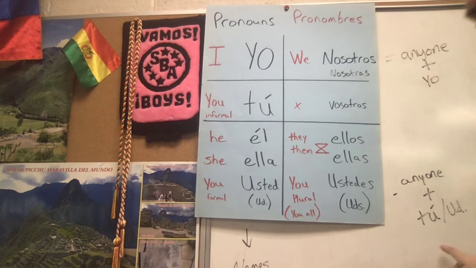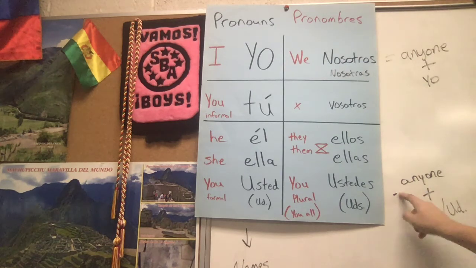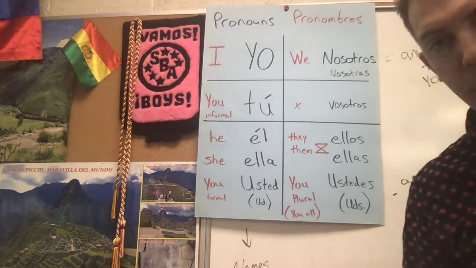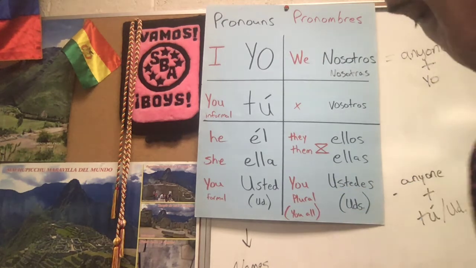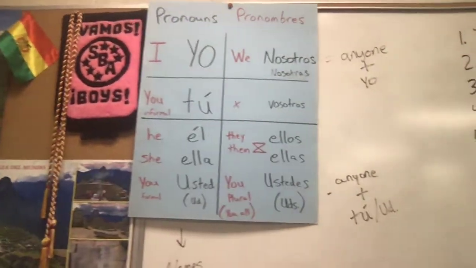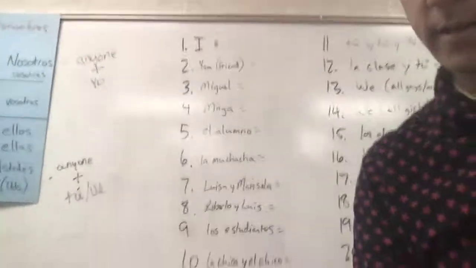All right? And down here, any sentence or group of persons, anyone where it includes usted or tú, will be an ustedes type of pronoun. Okay? That is something very important as we go into the homework.